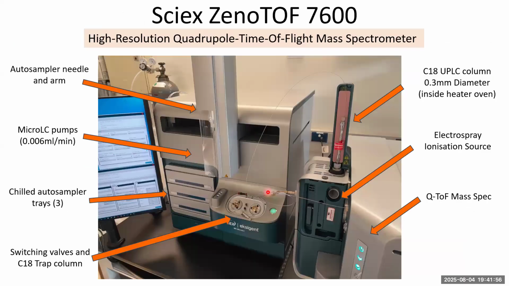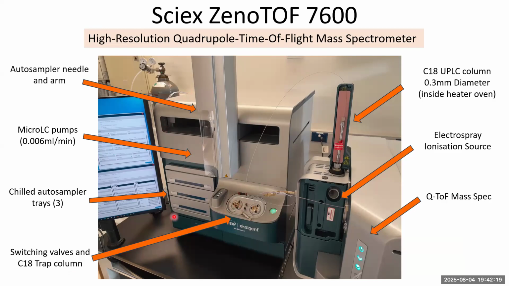A quick look at the front end of the system we're using. It's a SCIEX ZenoTOF 7600 QTOF. So we've got down here our 3 drawers with the chilled autosampler trays. We have our autosampler needle on this movable arm that can go and open the drawers for us and grab samples out of the vials and inject them into this trapping valve setup.